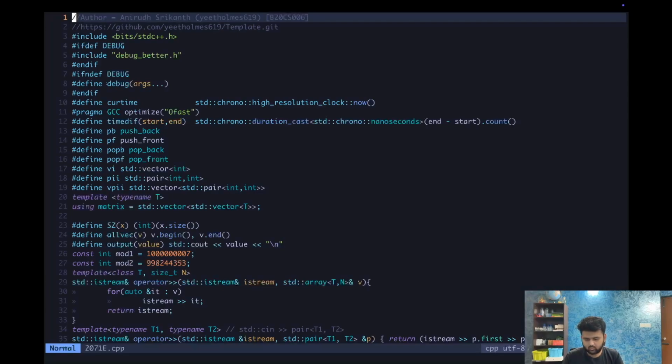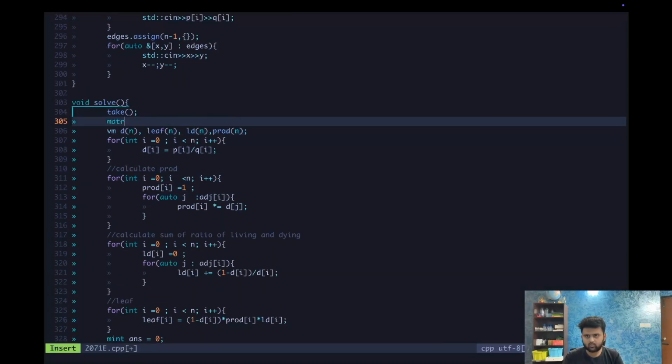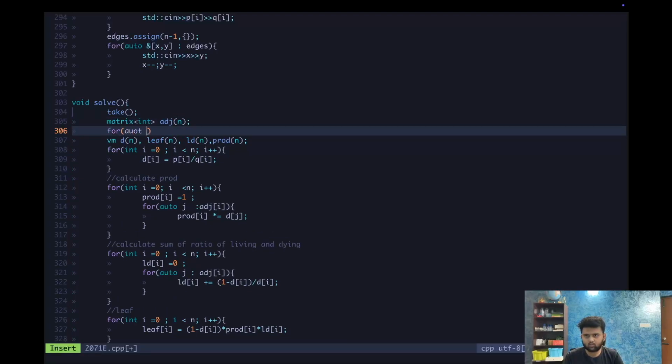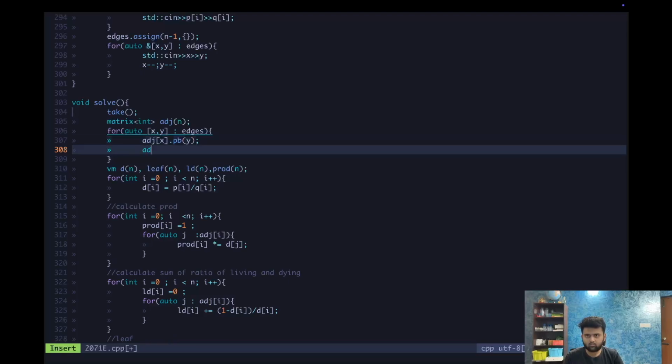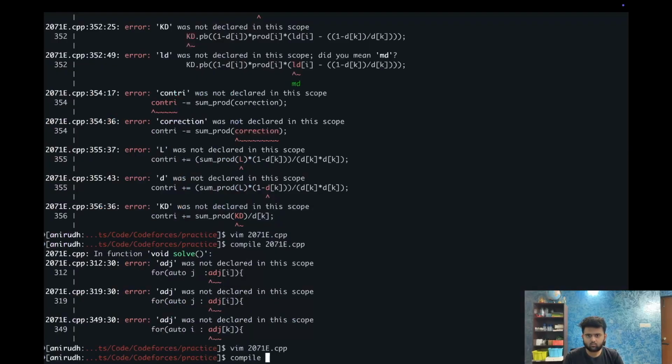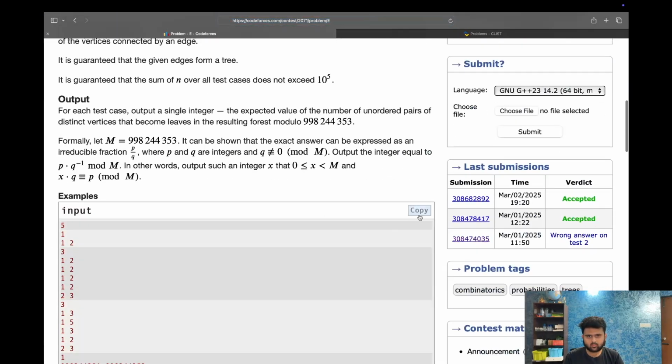Oh, I didn't make the adjacency list. I think this is the first time that's happened. Now let's test.